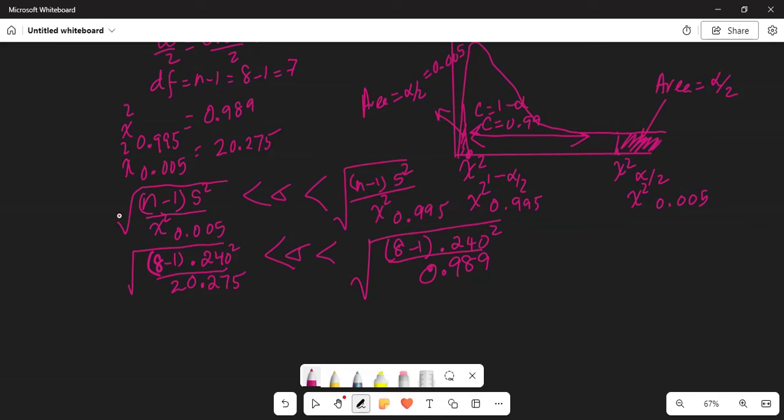And that works out to 141.02, less than sigma, less than the square root of 7 multiplied by 240 squared divided by 0.989. And the answer for that is 638.5.